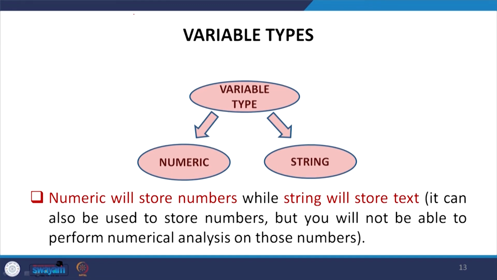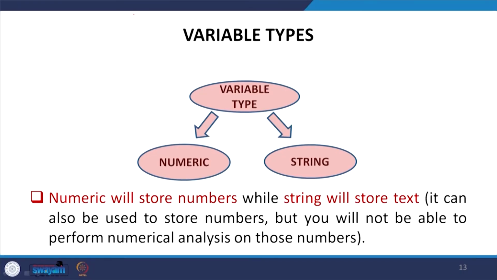Some of the explanation we gave in an earlier lecture on numeric and string, but further I will explain here how it is stored in Stata data. Numeric stores numbers, while string stores text, and a string can also be used to store numbers, but you will not be able to perform numerical analysis if it is a string entry.